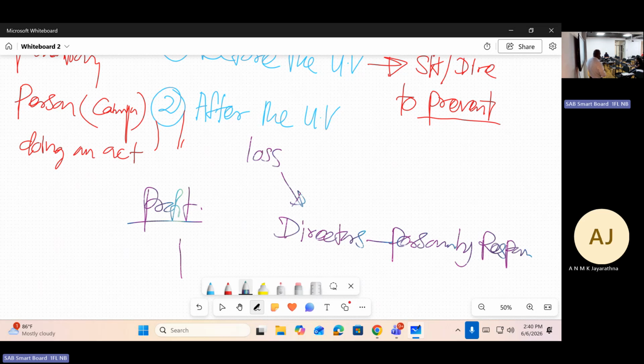The company is able to make the profit by this ultra vires transaction. Freedom is given to the board of directors. They have to decide. It is up to them whether to engage into this type of transaction or not. It's up to the board of directors.